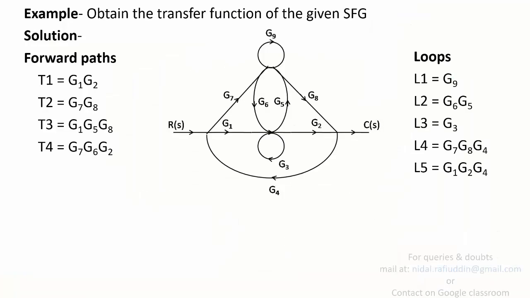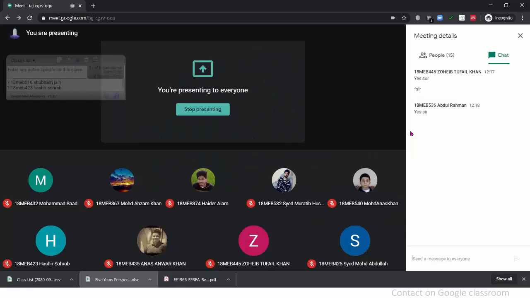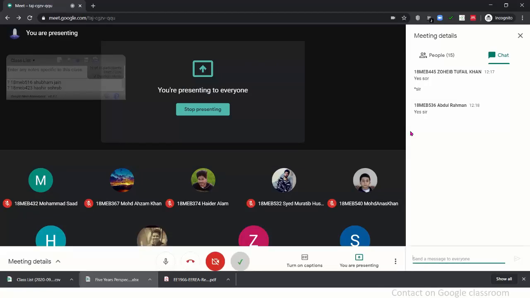Any answer from your side for the sixth loop? I have written 5 loops on the right side, but there are 2 more loops remaining. So I need an answer from your side. No one?